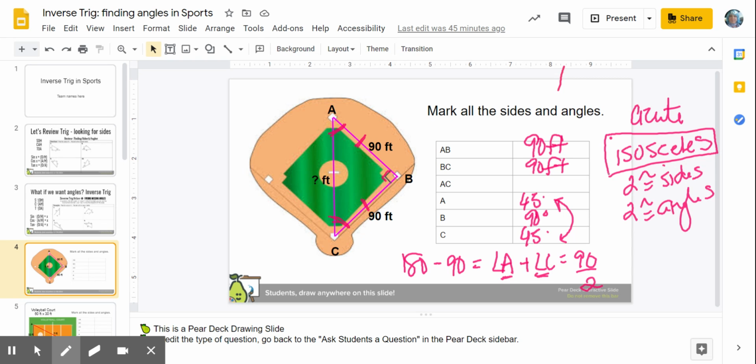So how do I find AC? This is my last problem. Hey, Pythagorean Theorem, a squared plus b squared equals c squared. What are my a and my b? Are they 45 and 90? Why 90 and 90?